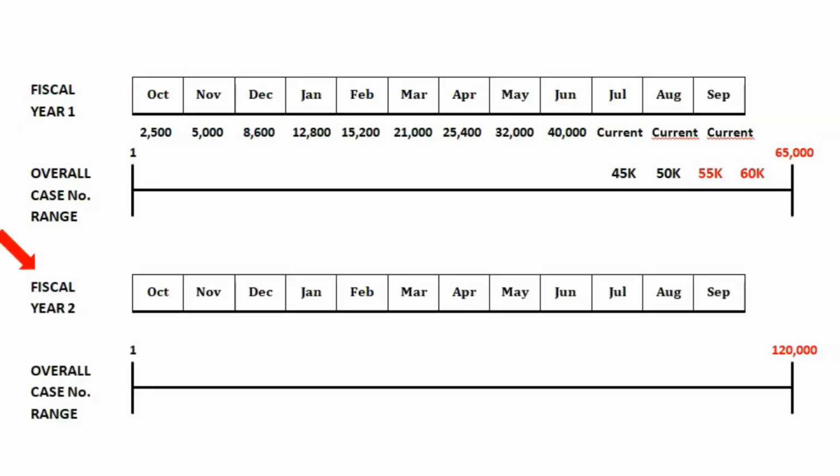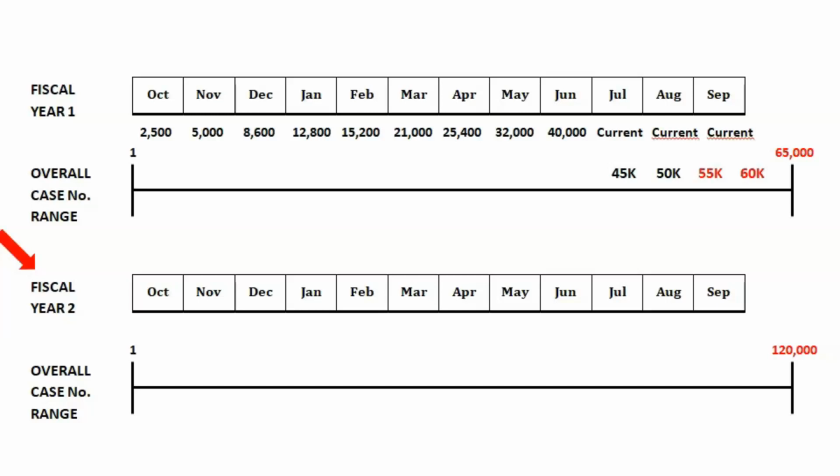Now, what you should understand is that the monthly visa bulletin cutoff numbers in our first scenario had a slower progression because the overall case number range was 65,000. In case you have a more extensive overall case number range, as is the case in our second scenario, the visa bulletin cutoff numbers will also extend further than what they had been in the first scenario.